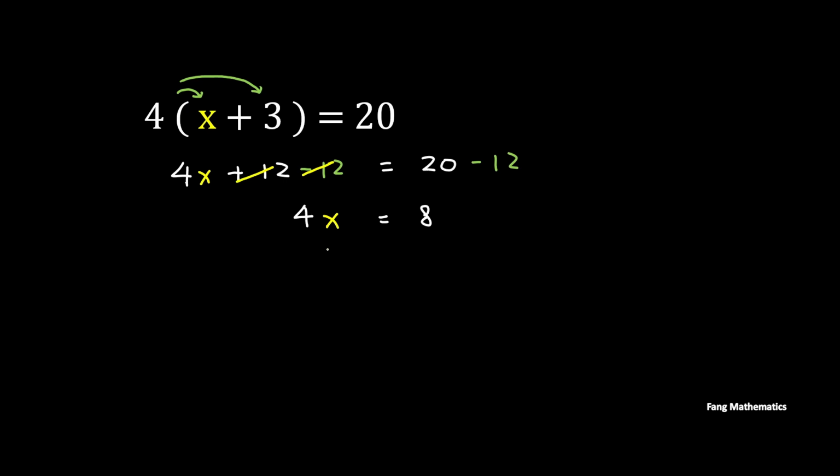We know there is a 4 attached to x, we assume it is a multiplication, so we divide both sides by 4. 4 and 4 gets eliminated, leaving you the x, and 8 divided by 4 gives you 2. So using either method, you are able to get your answer as 2.